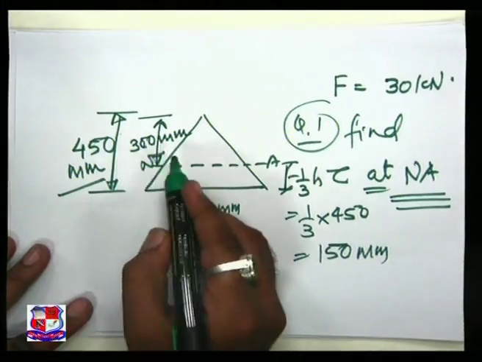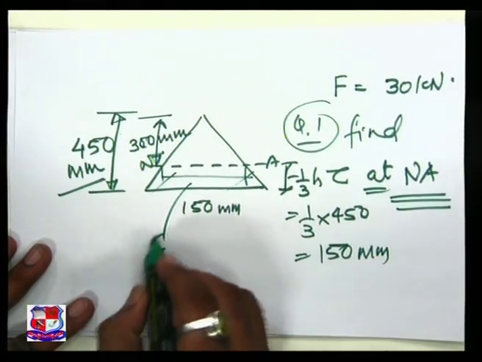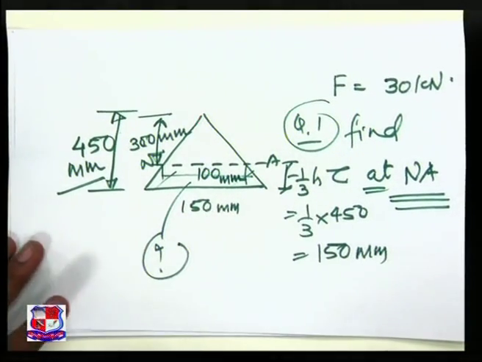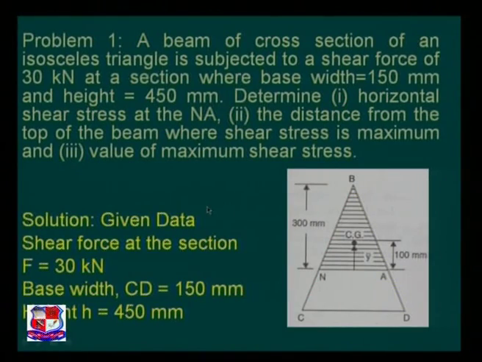If this is 300 mm, this is my base width. How much is it found to be? It has been found as 100 mm. So if you want to refer to the figure, this is the triangular section given to you, and this is my neutral axis position.